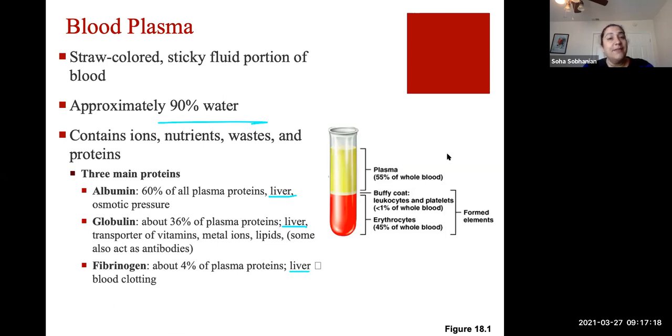Now, if someone has liver disease, albumin production goes down, right? And that causes a person to see tissue swelling because the water moves from your blood to the tissue.